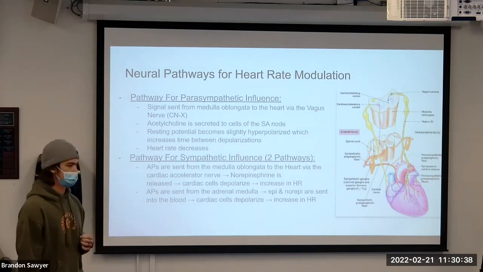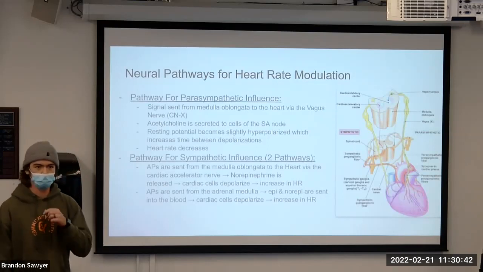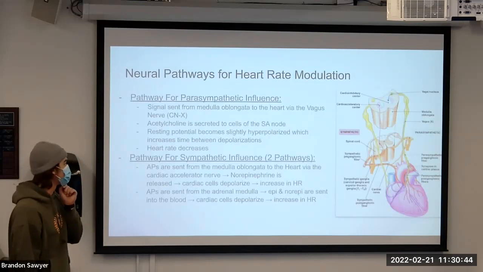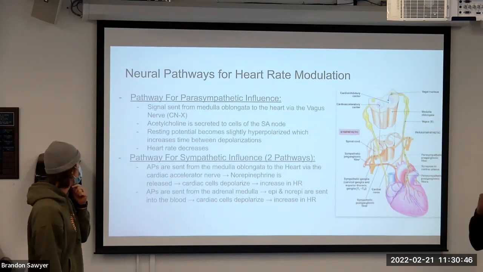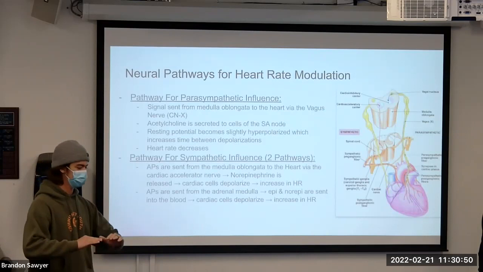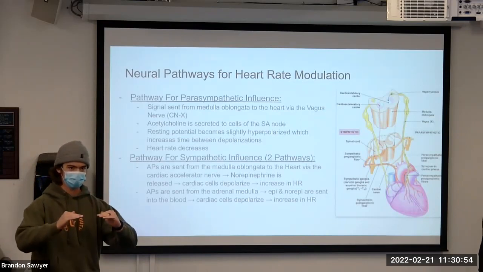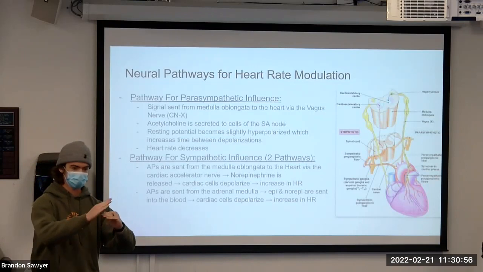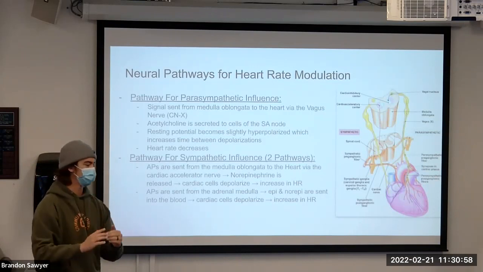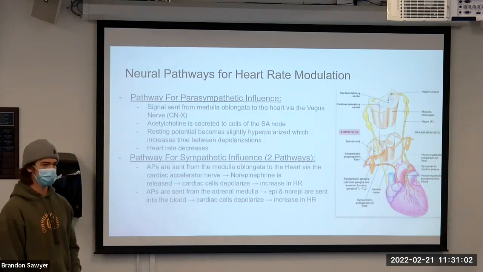At the heart, it secretes acetylcholine, which hyperpolarizes the resting potential. So it takes longer to get up to threshold to fire the action potential, and this effectively decreases heart rate.